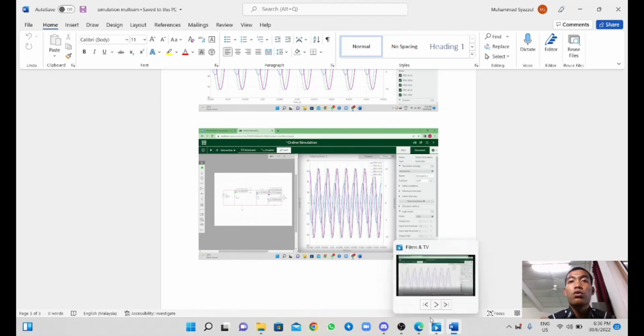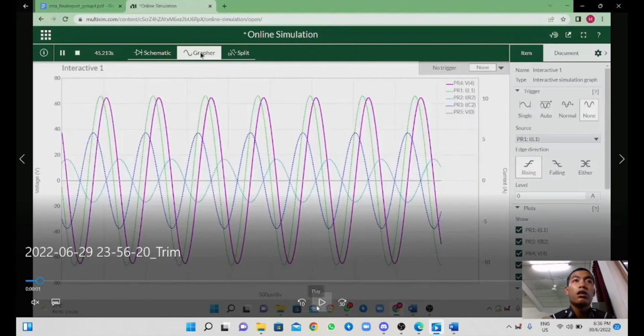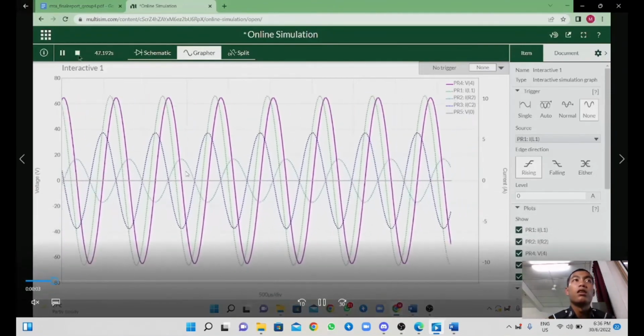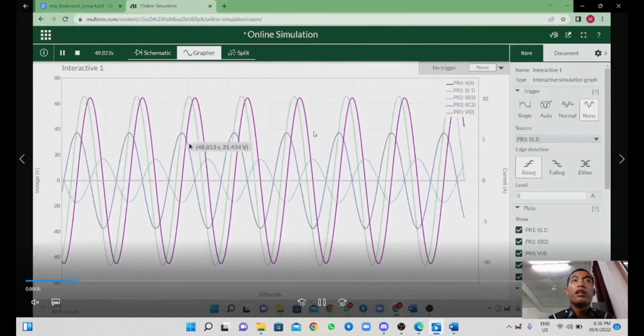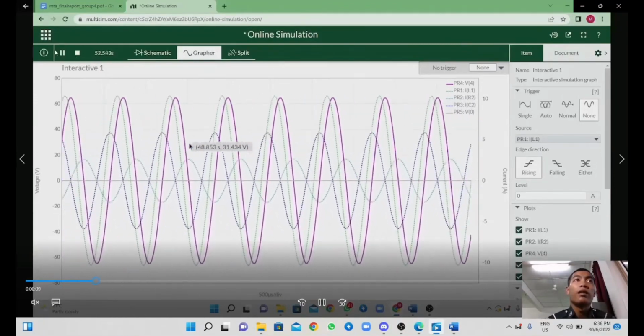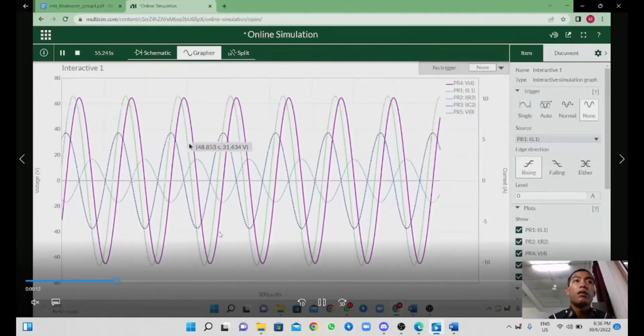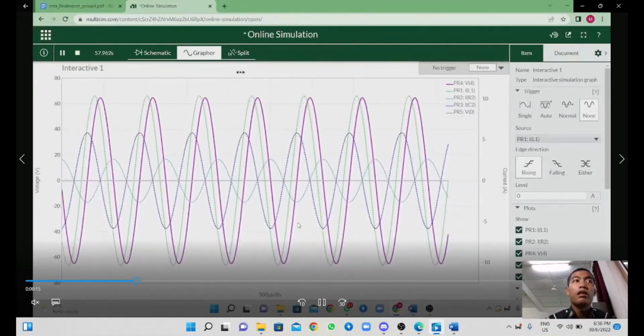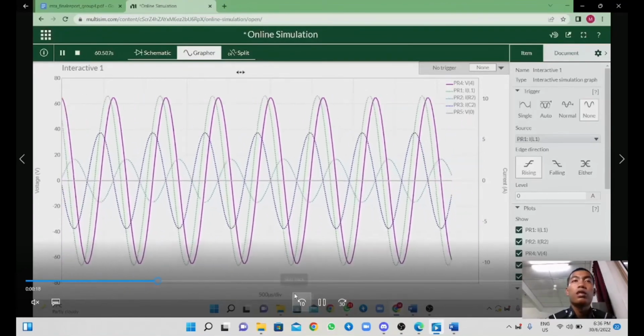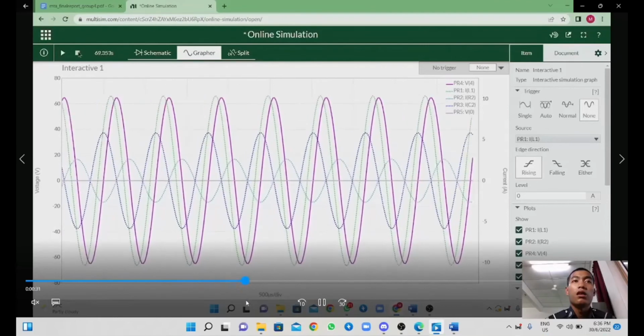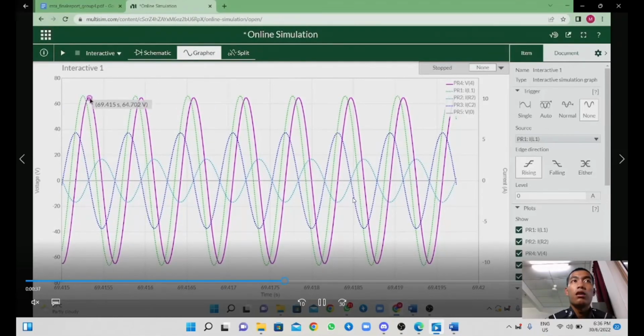So we go to the online simulation, which you can see here. This is the online simulation when I click the run button here, and then we go through the values. This is the value for PR1. So we go to the value of PR4.